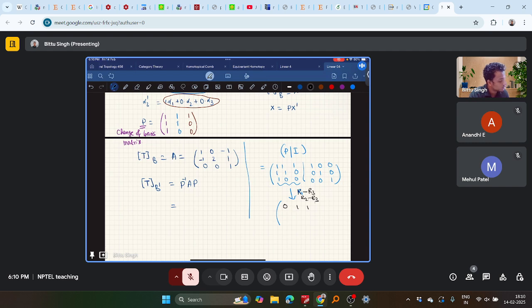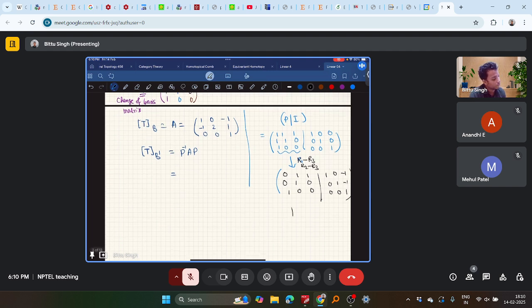So R1 minus R3 will make it 1 0 minus 1. Similarly, R2 minus R3, it becomes 0, and after that it is 1 0, then 0 1 minus 1, and R3 is unchanged, 1 0 0 0 0 1.